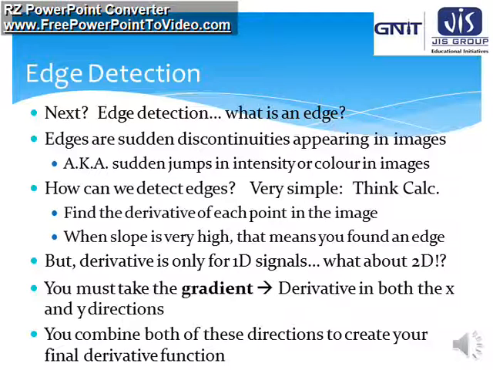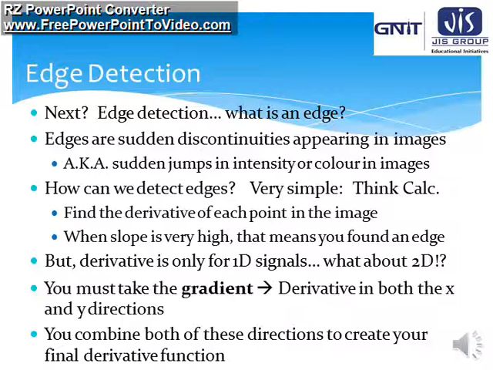So edges are certain discontinuities appearing in images. Certain jumps in intensity or color in the images are known as edges. So this is the definition of edges. How can we detect edges? Very simple. We have to find the derivative at each point in that particular image. When the slope is very high, that means you found an edge.